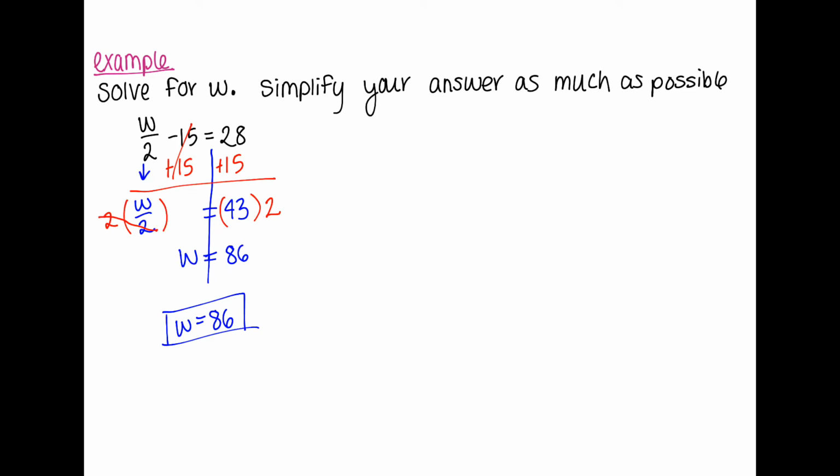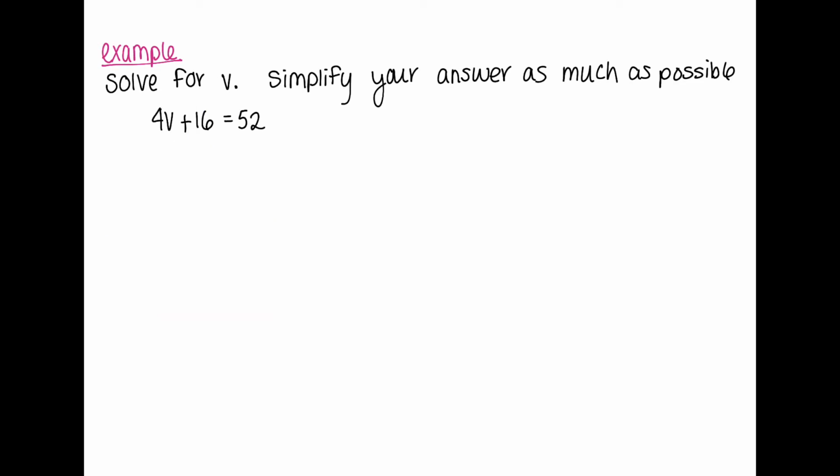Let's go ahead and do one last example for good measure. And once again, you can always check your answer by plugging that number that you got back in. All right, my equal sign, I'm going to draw a wall. I have 4v plus 16 equals 52. I can't take care of the 4v until I've taken care of the plus 16 first. So I'm going to begin by subtracting 16 from both sides because it was a positive 16. That's why I'm subtracting.